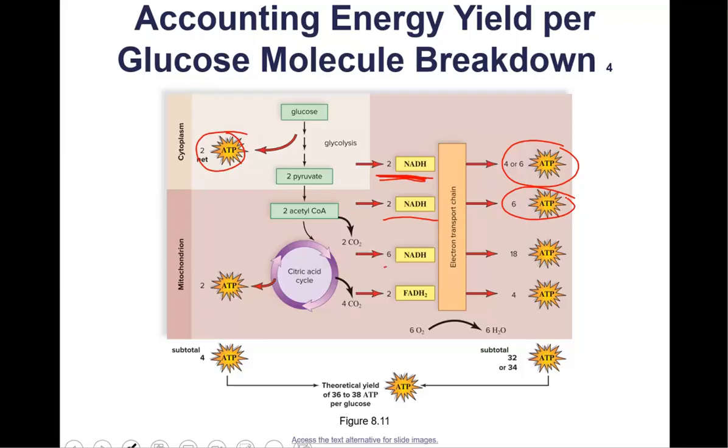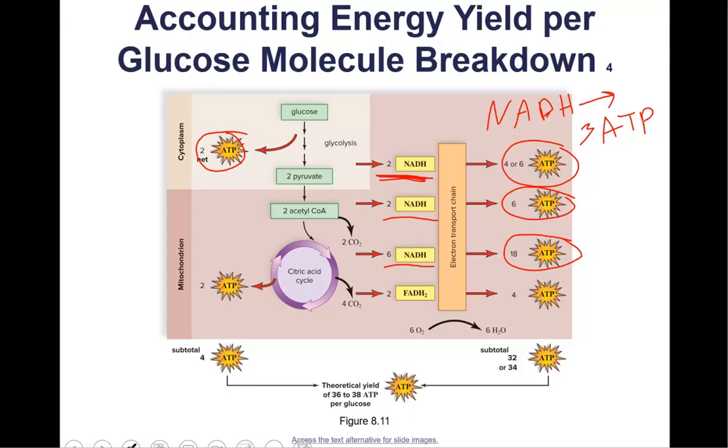The 6 NADH molecules from the citric acid cycle are going to produce 18 ATPs. So you may notice that each NADH will produce 3 ATPs during the electron transport chain.